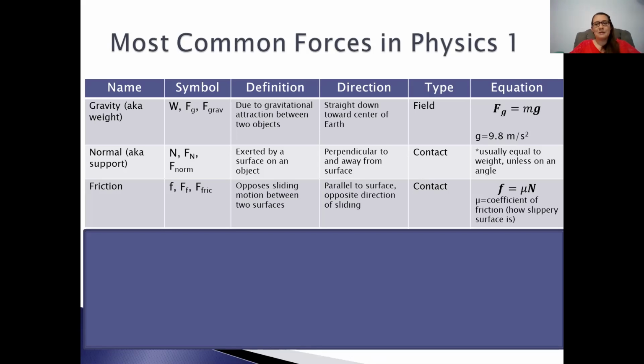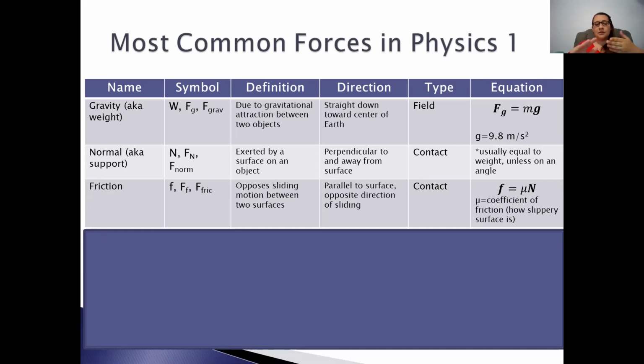Because the force of friction equals this coefficient, mu, coefficient of friction, which tells us how slippery the surface is, times the normal force. Right, so this coefficient of friction, we'll talk about it a little bit more when we get into friction in more detail, but it's a number usually between 0 and 1, like a decimal between 0 and 1. The closer it is to 0, the more slippery the surface is.